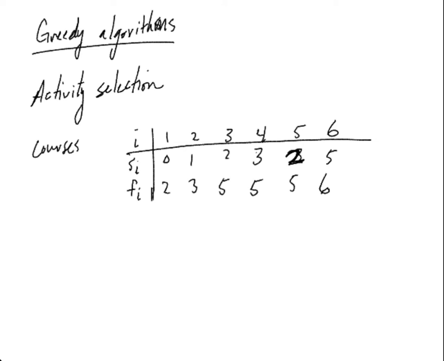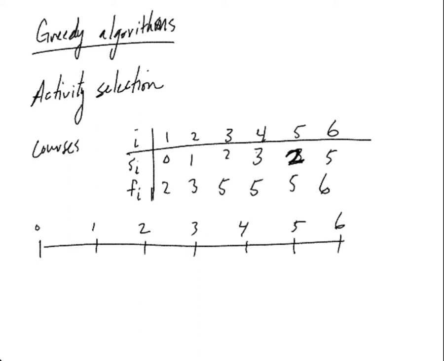Okay, so what we have is we can make a timeline here. Times 0, 1, 2, 3, 4, 5, and 6. And if we plot these courses, it looks something like this. That's course 1.